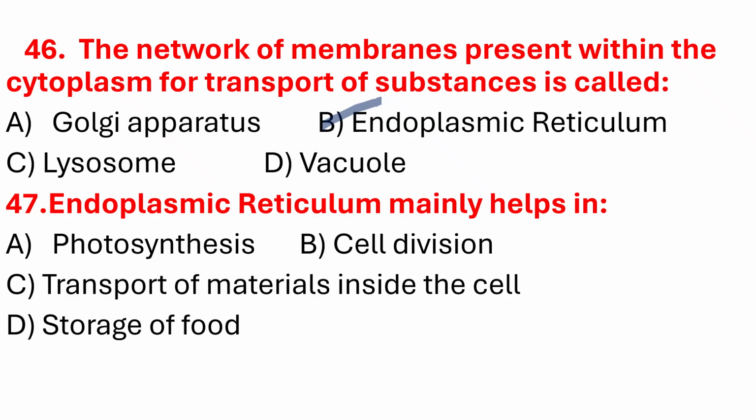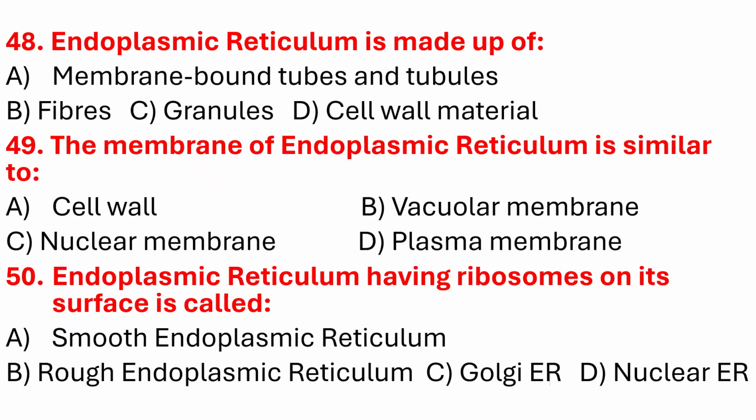Transport of materials inside the cell. Endoplasmic reticulum is made up of membrane bound tubes and tubeless fibers, granules, cell wall materials. Option A. Membrane bound tubes and tubules.